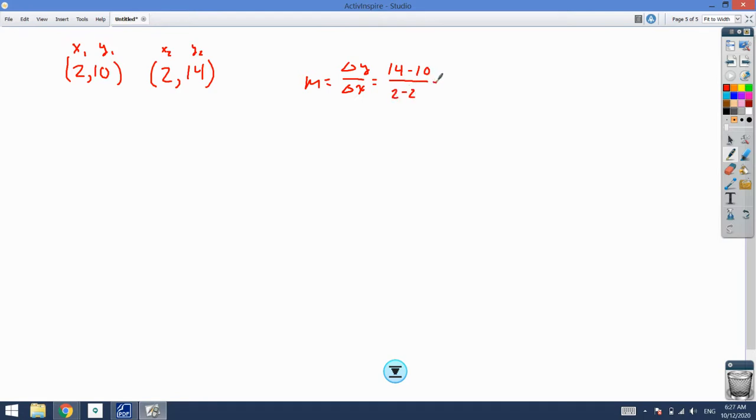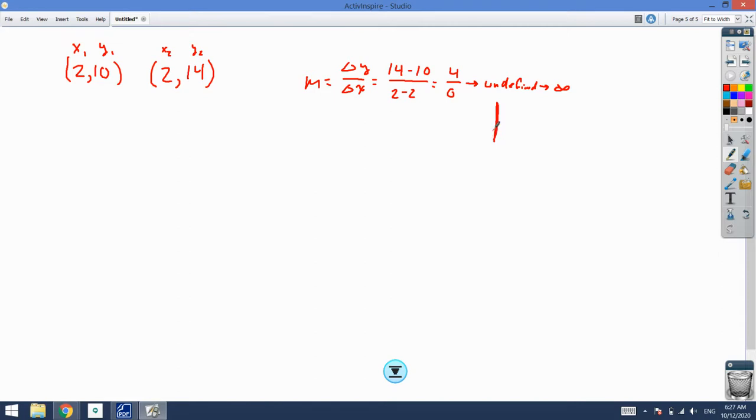And whoa, hold up. You're getting 4 over 0, which in our case is going to be undefined. Or you could say it's an infinite slope in this case. It's not always going to be the case, but it's an infinite slope, which means it'll be vertical.